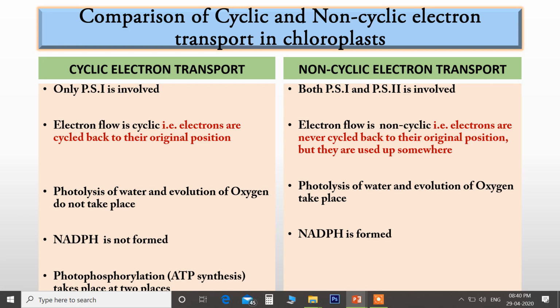Photophosphorylation or ATP synthesis takes place at two places in cyclic electron transport, but photophosphorylation takes place only at one place in non-cyclic electron transport. So this is very important. I think all of you understood the differences between cyclic and non-cyclic electron transport. So study well.